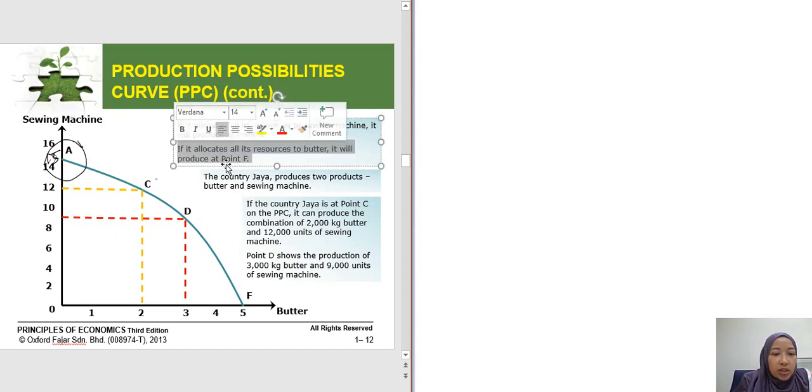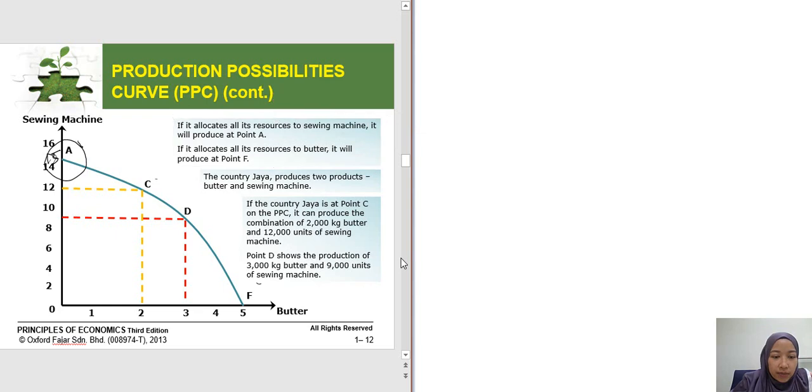If it allocates all its resources to butter, it will produce at point F, which is here. Point F means if you produce 0 sewing machine, you can get 5000 kgs of butter. So that is if you decide to produce only one product, either butter or sewing machine.